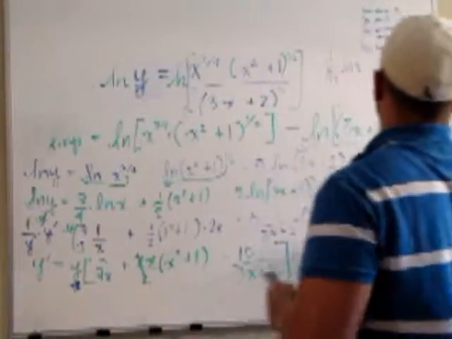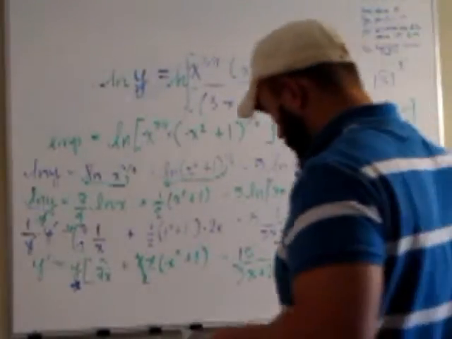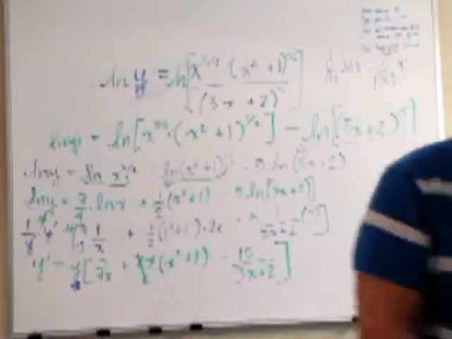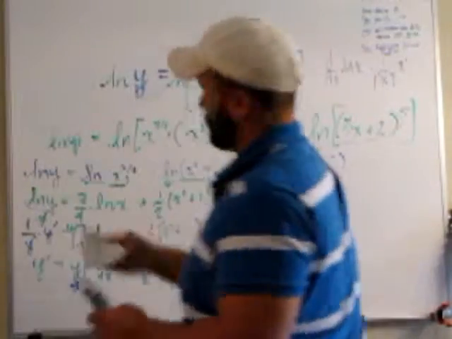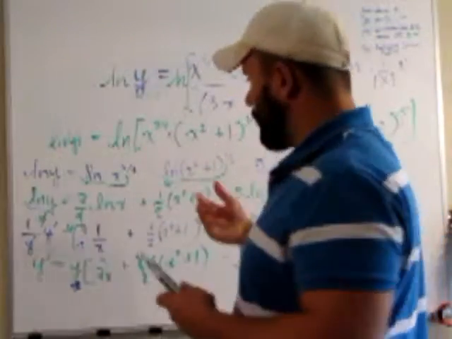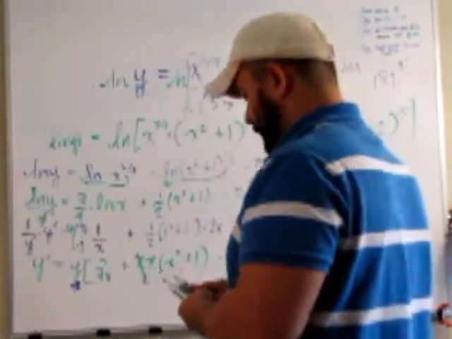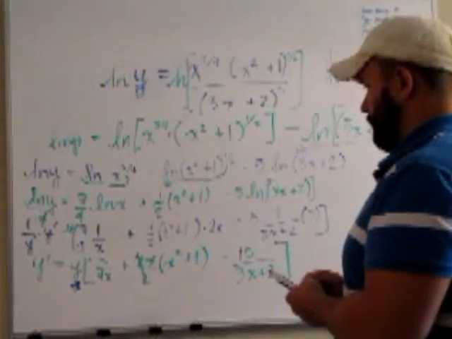That's the implicit part. This is the important part of implicit, is plugging this y back in. Because you have two variables, and whenever you have two variables, you have to have two formulas to solve it. And in this case, we're plugging back in the original formula.